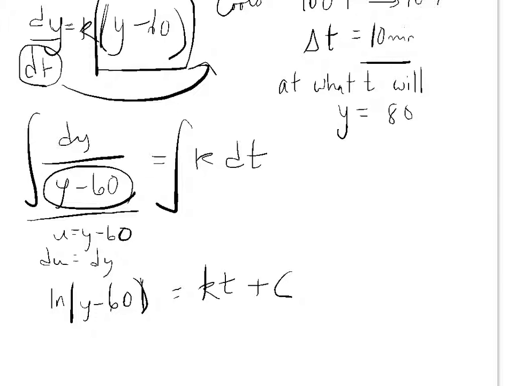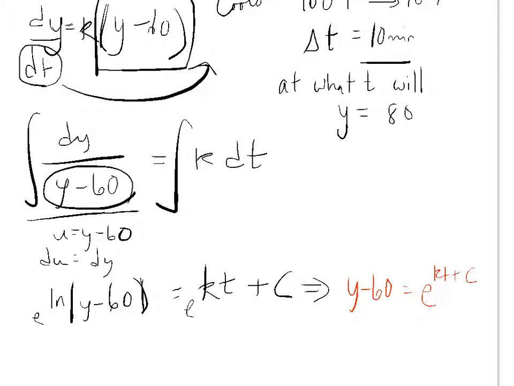The first thing that might make it a little bit more convenient is to rewrite in terms of e instead of the y being inside the natural log. So if we do e on both sides, we end up with y minus 60 on the left and e to the kt plus c on the right.